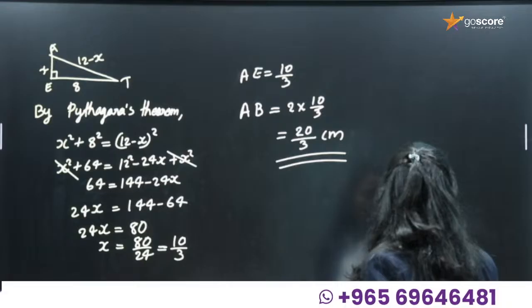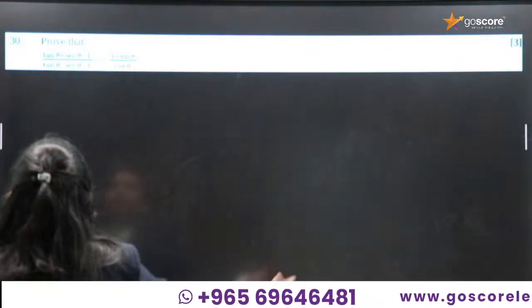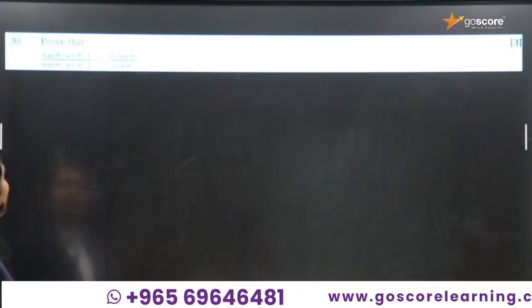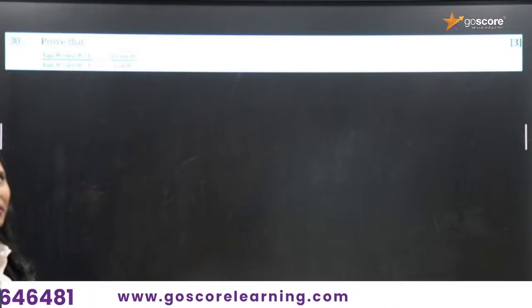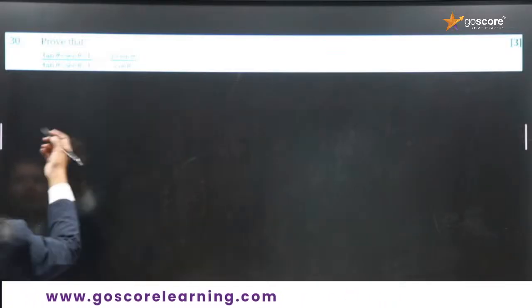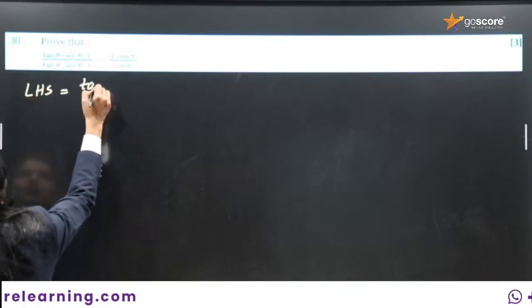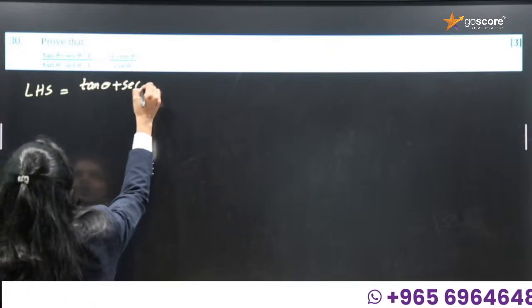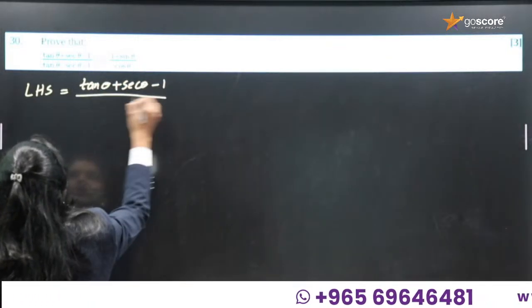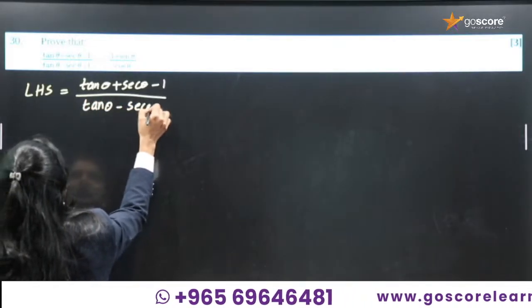Okay. Now the next question, on trigonometry. Prove that tan theta plus sec theta minus 1 divided by tan theta minus sec theta plus 1 is equal to 1 plus sin theta by cos theta. Okay, we know this question, we are familiar with it. So I am going to take the LHS. So LHS is equal to tan theta plus sec theta minus 1 divided by tan theta minus sec theta plus 1.